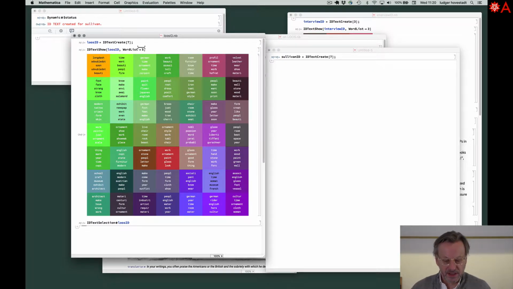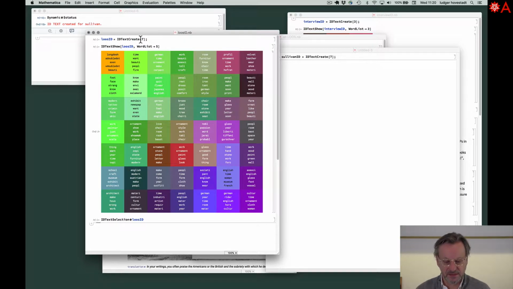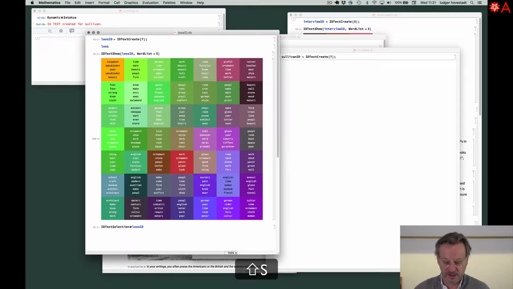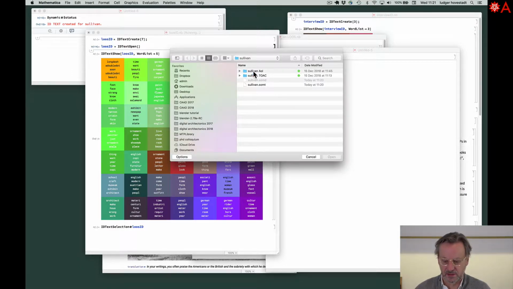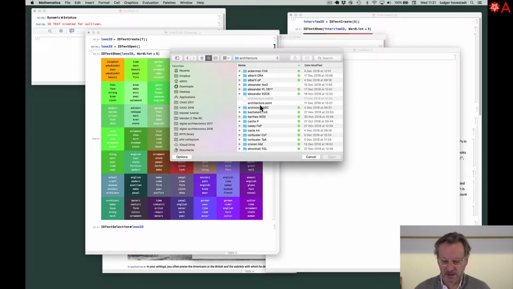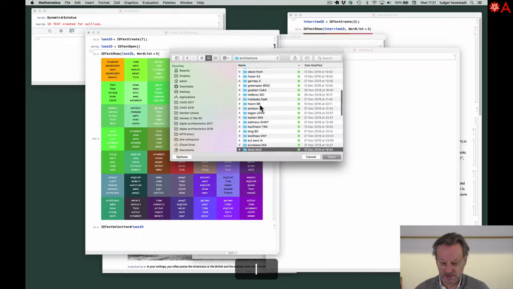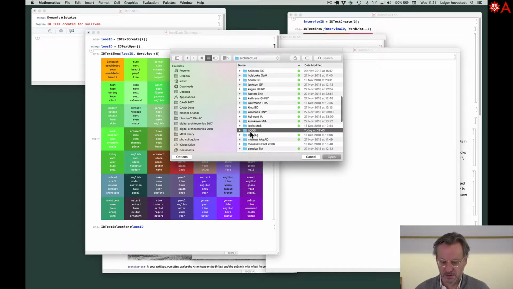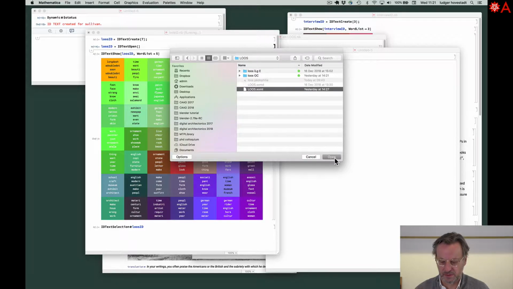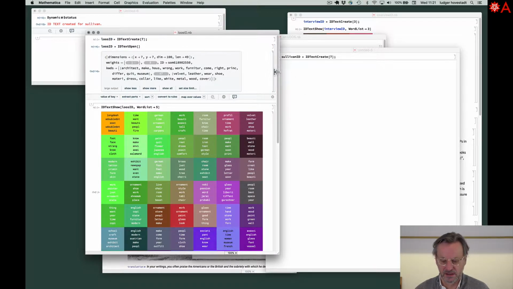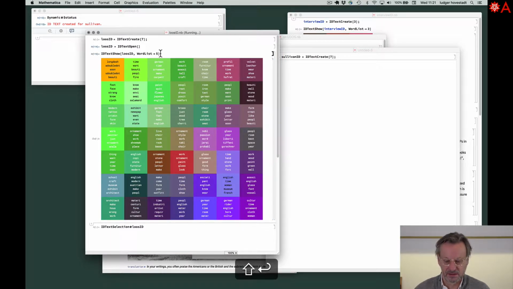Now I rebooted the system, so this Loos ID is not defined. We can say Loos ID is ID text open, and then architect Loos, and we open this text ID, and then it's working again.